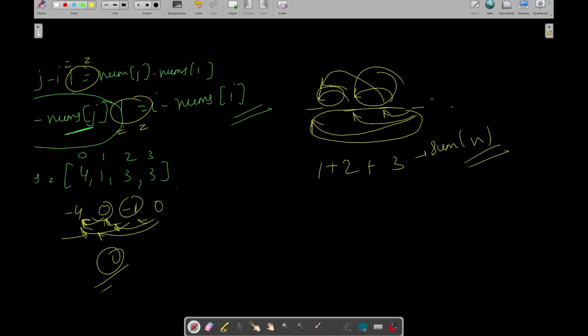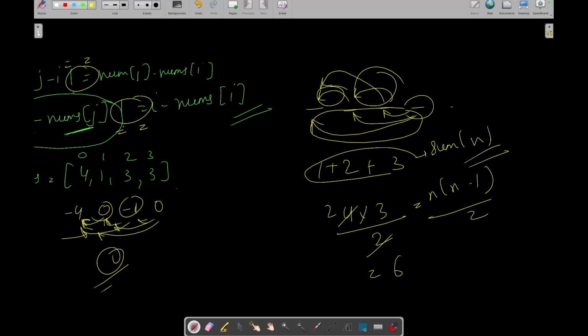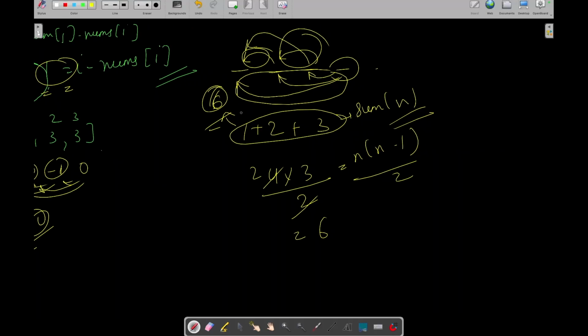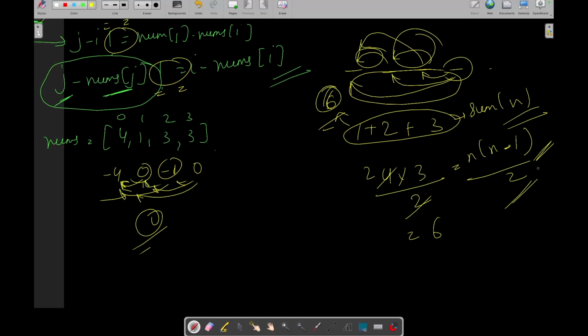As the size of the array is 4, the sum will be 4 into 3 by 2, that is n into n minus 1 by 2. So its value will become 2 2s are 4, 2 3s are 6, and as you can see here also the total number of pairs is 6. So from this formula we can get the total number of pairs, that is n into n minus 1 by 2, right?